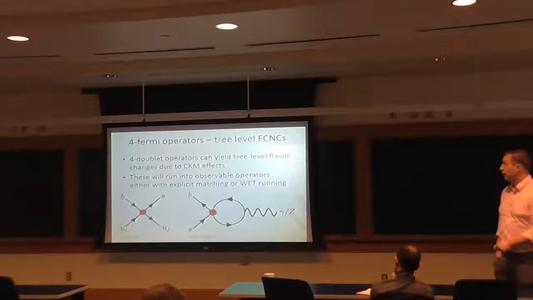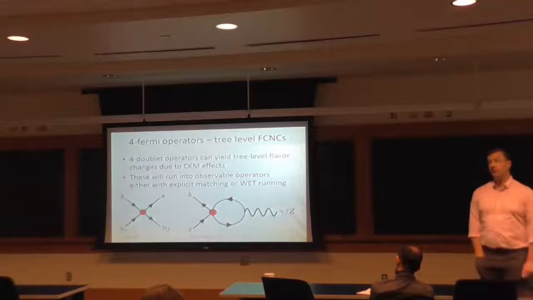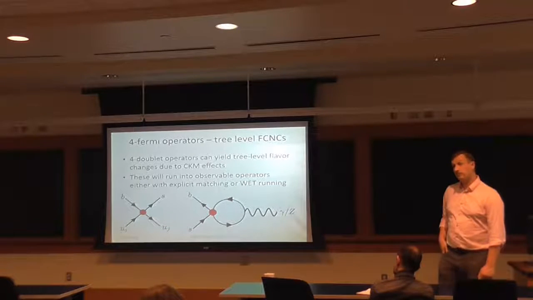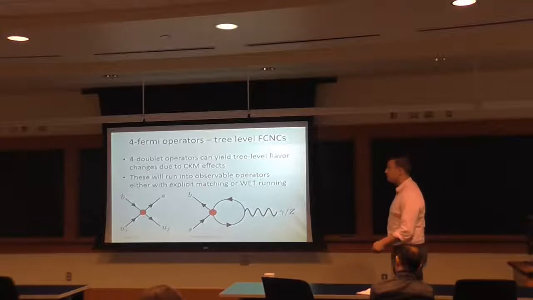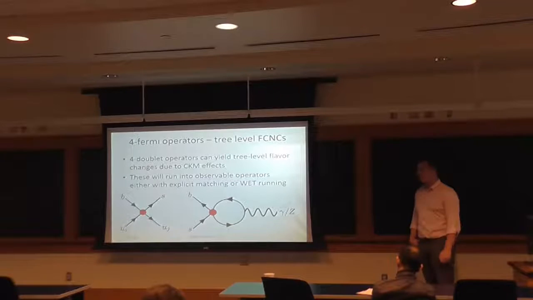And that allows me to actually get something like a b-s transition with some arbitrary up-type quarks down here with appropriate CKM matrices. In the end, your CKM matrix becomes part of your definition of the doublet, so this isn't terribly surprising.